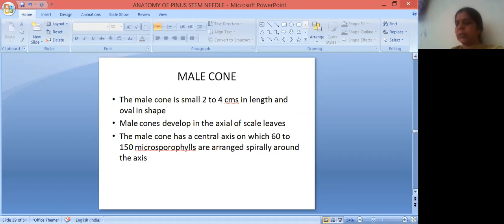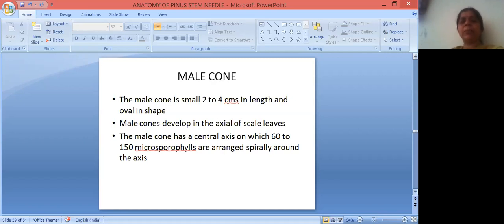Each male cone consists of a central axis, which is spirally arranged by 60 to 150 microsporophylls. So each male cone consists of a minimum of 60 and a maximum of 150 microsporophylls.